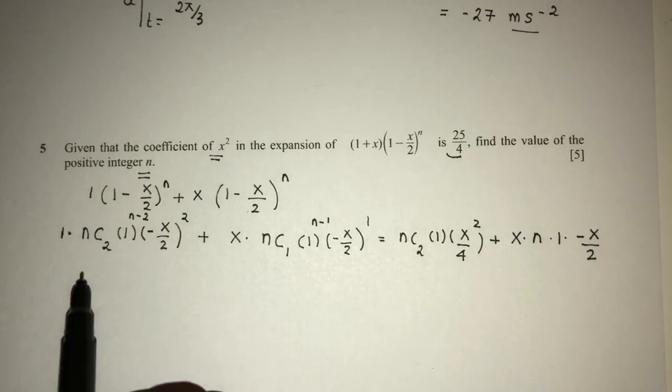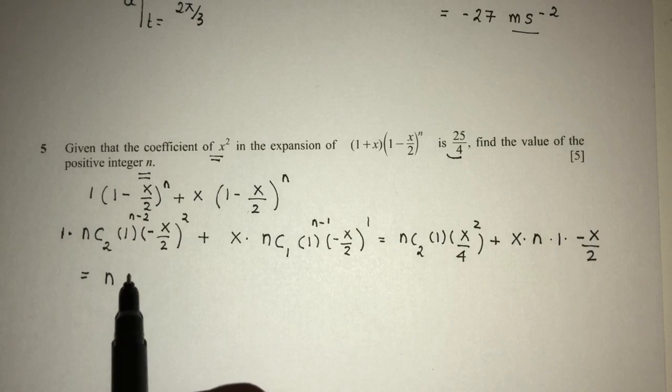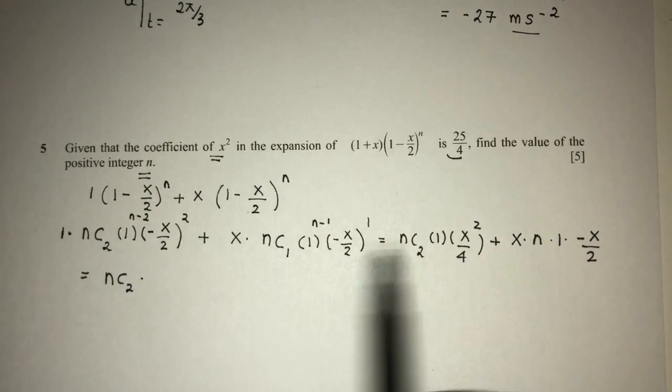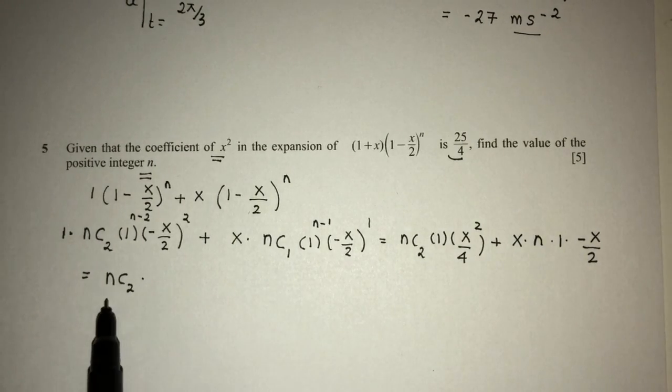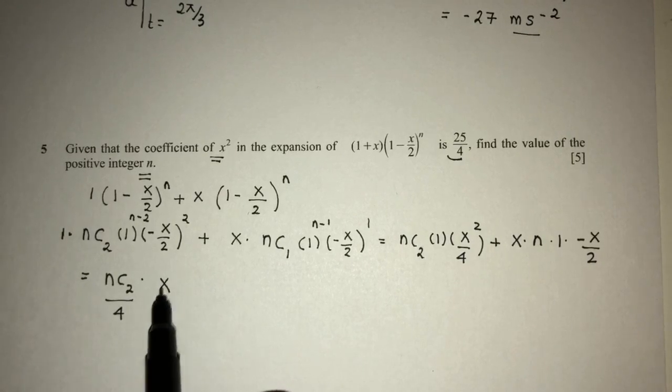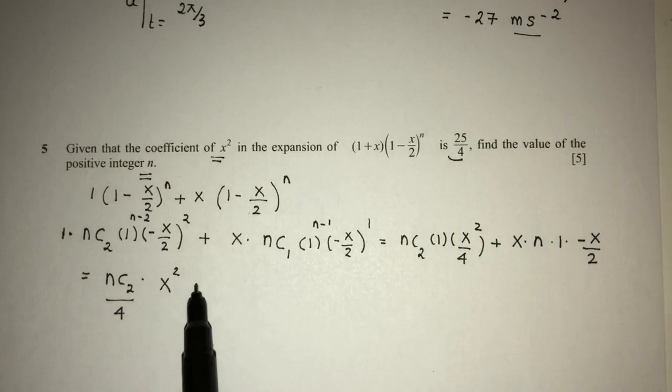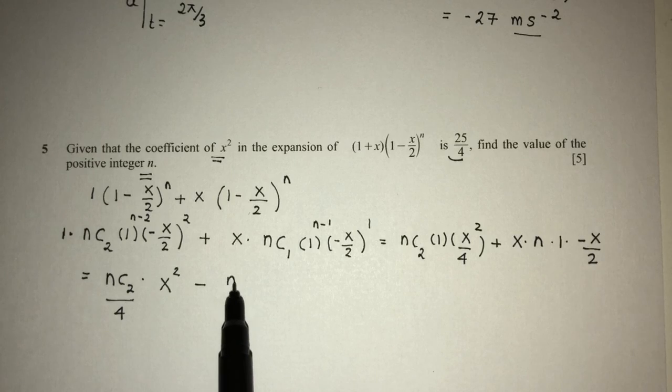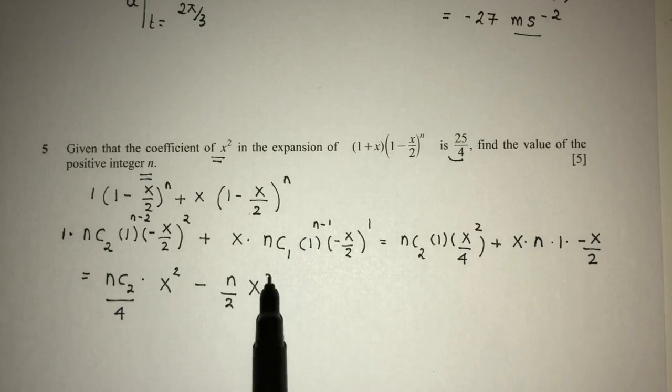So simplify again, n choose 2 we don't know, that's okay, but we know this will be 4 here, and that will be x squared, and here will be minus n over 2 x squared.